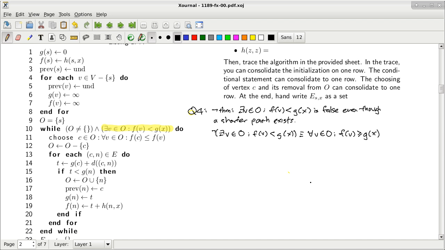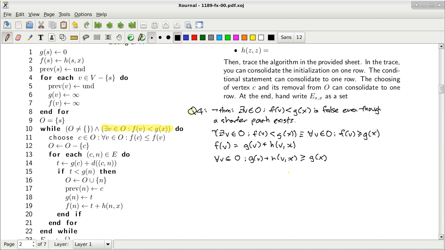Well, the next thing we need to do is to say, what exactly is f of v? F of v is g of v plus the heuristic of going from v to the destination x. That pretty much is the definition of the f value. So what we are really saying here is that for all v in O, g of v plus h of v x is greater than or equal to g of x.